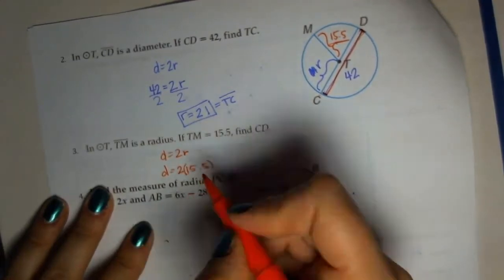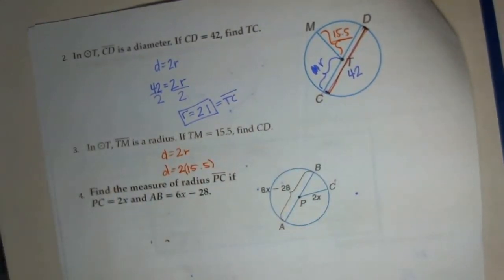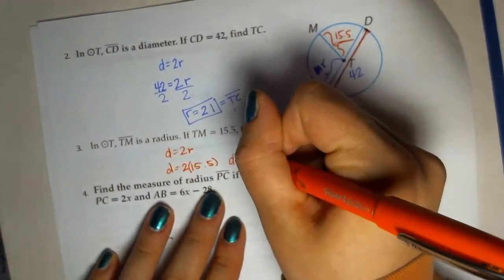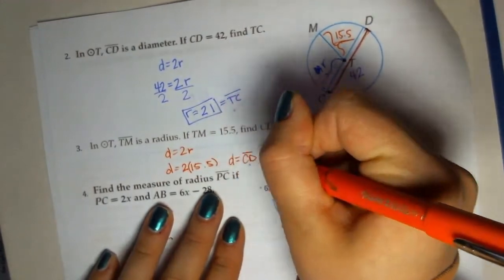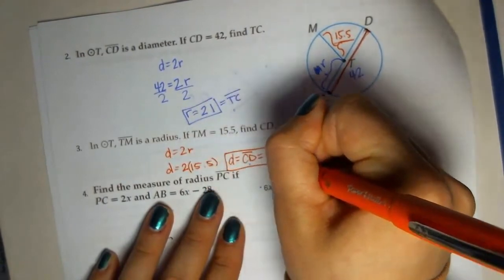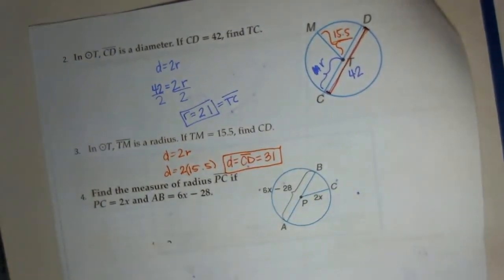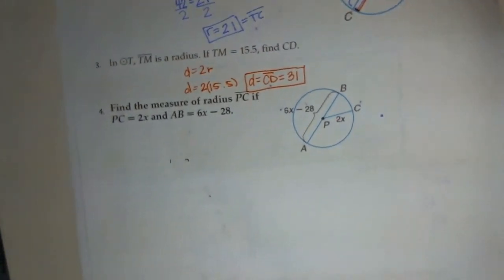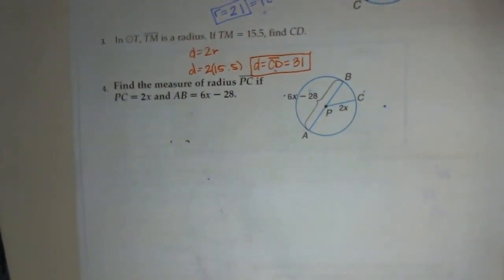Make sure you put it in parentheses, okay? (15.5) times 2 is 31. So my diameter, or CD, is 31. See that?